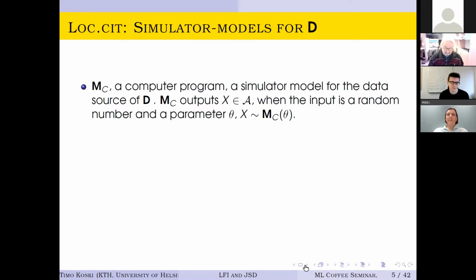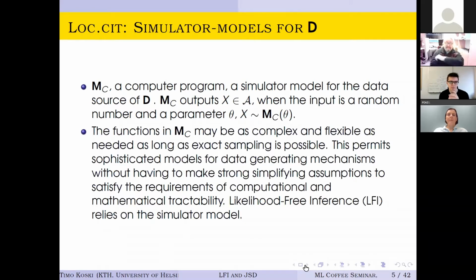The point is that this MC can be extremely complex and sophisticated, so you're not restricted to having models that you have to simplify in order to make them analytically or computationally tractable.